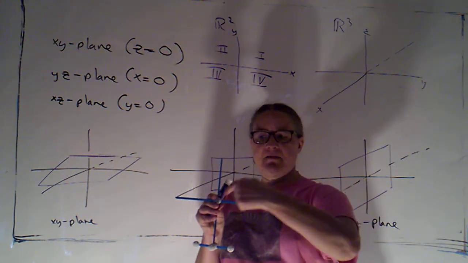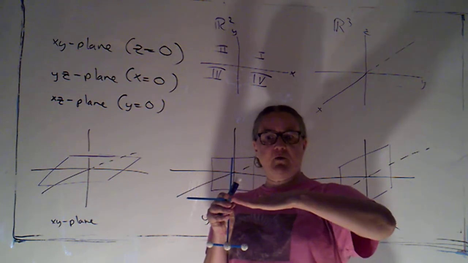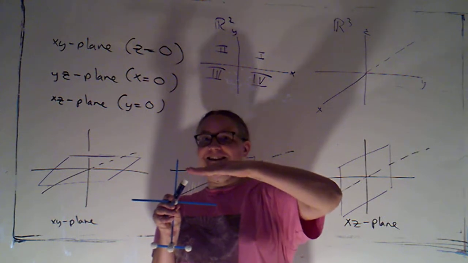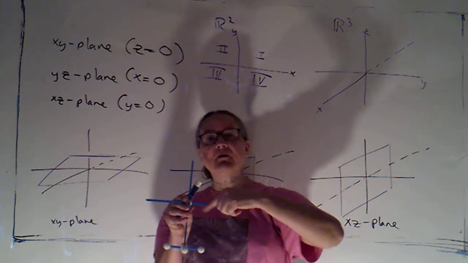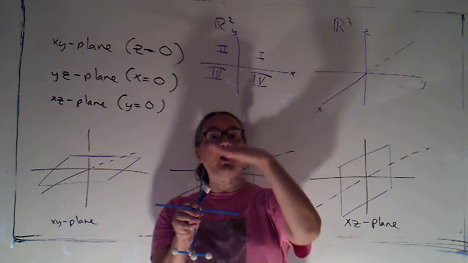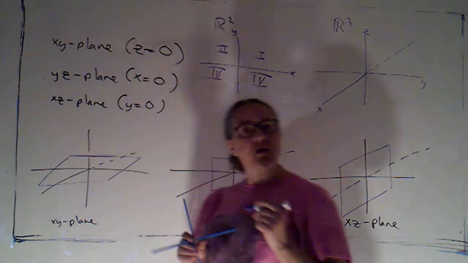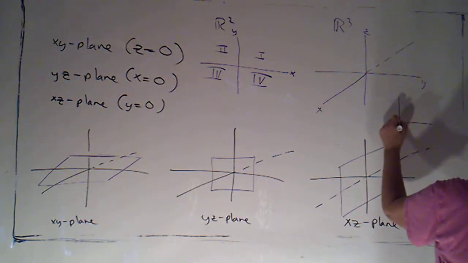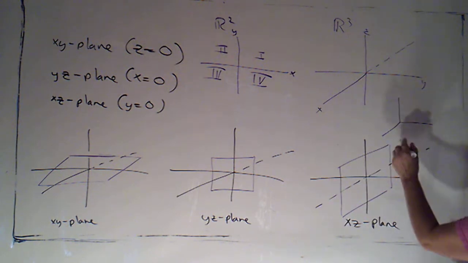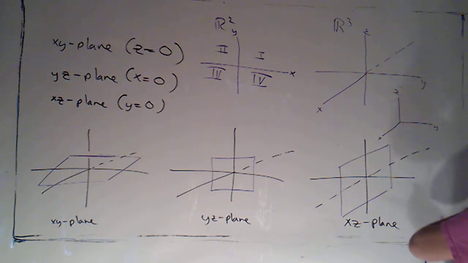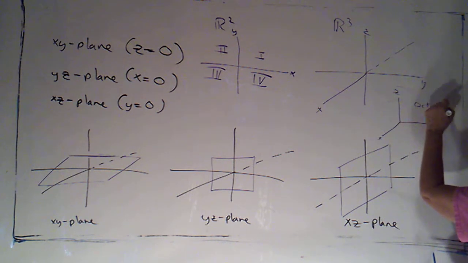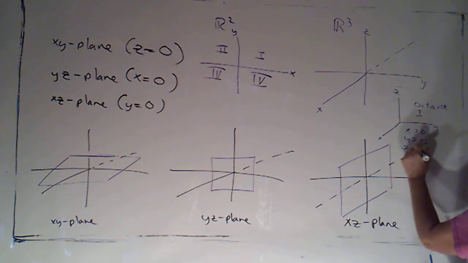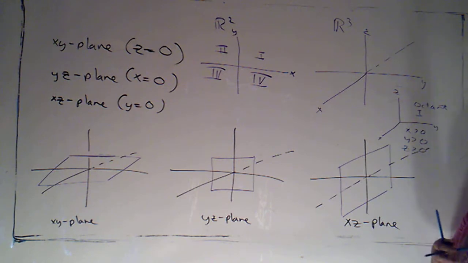This is the positive x and this is the positive y axis. So this would be quadrant 1 in the xy plane. There's the octant above it. That would be where x, y, and z are all positive, and we call that octant 1. So this is the positive x, positive y, positive z. Octant 1 is the region where x is positive, y is positive, and z is positive.